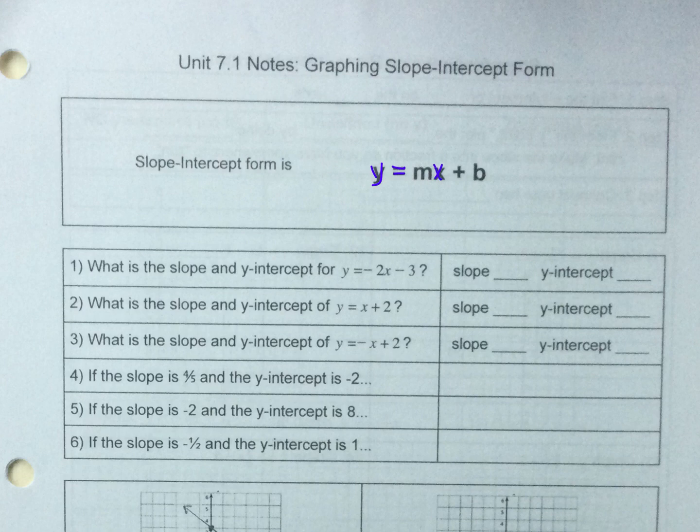You don't change them. What we put numbers in for is the m, and the m is going to be our slope, which is the same as saying our rise over run. Because do you remember rise over run?